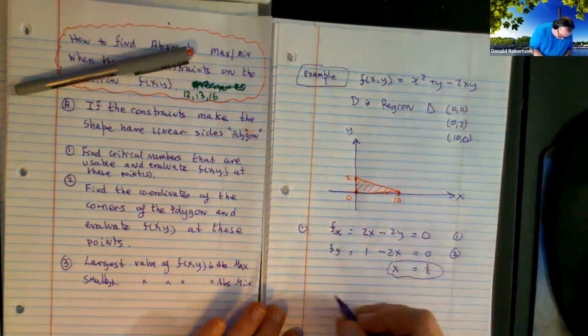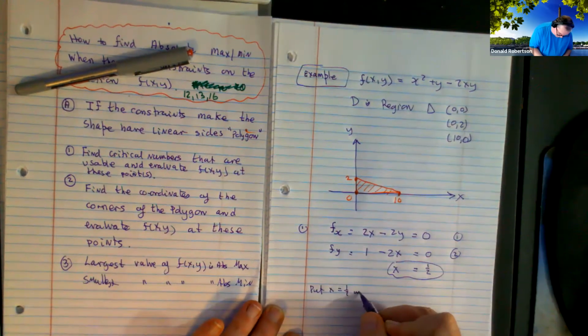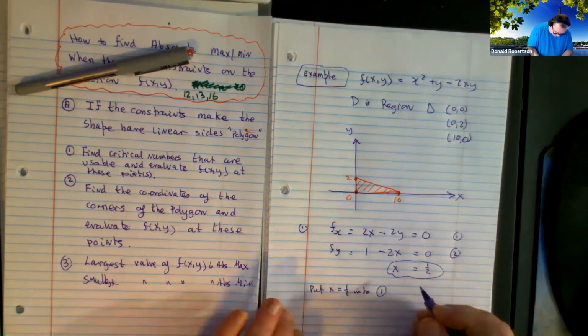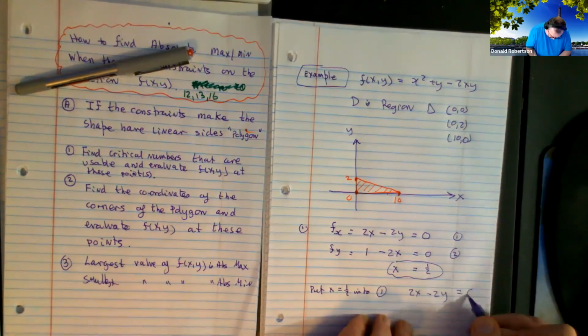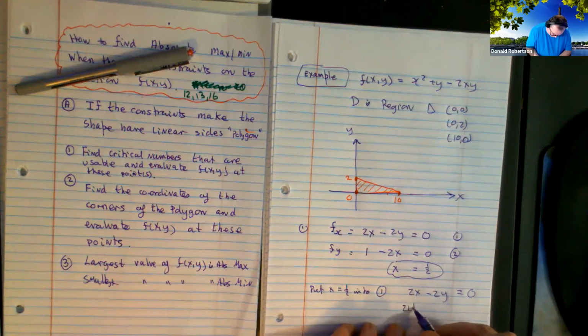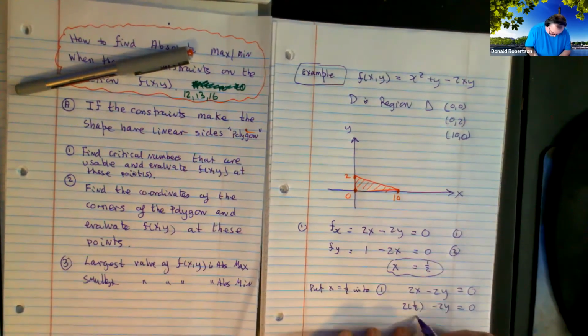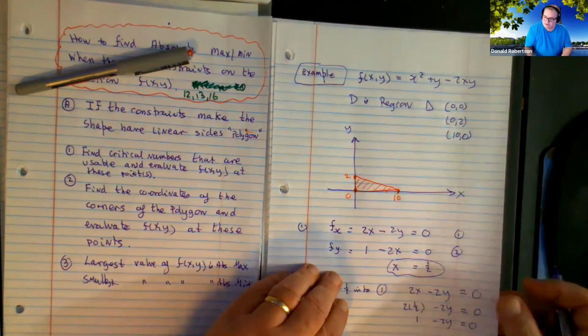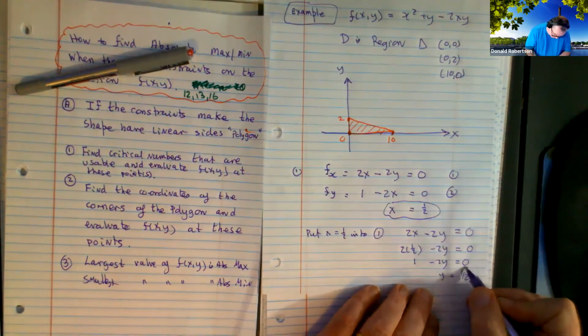Now, if I put x equals a half into equation 1, we get 2x take away 2y has to be 0. 2 times a half take away 2y has to be 0. So far, so good. And since I'm running short of room, can I just say y equals a half?